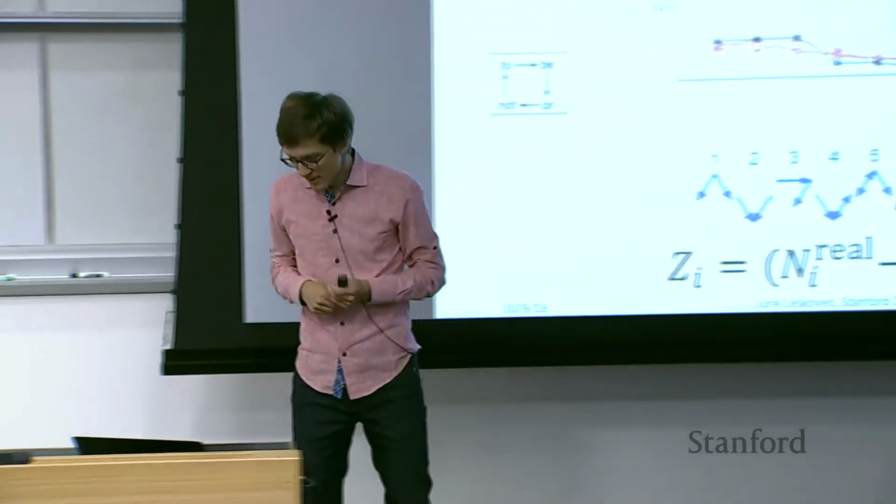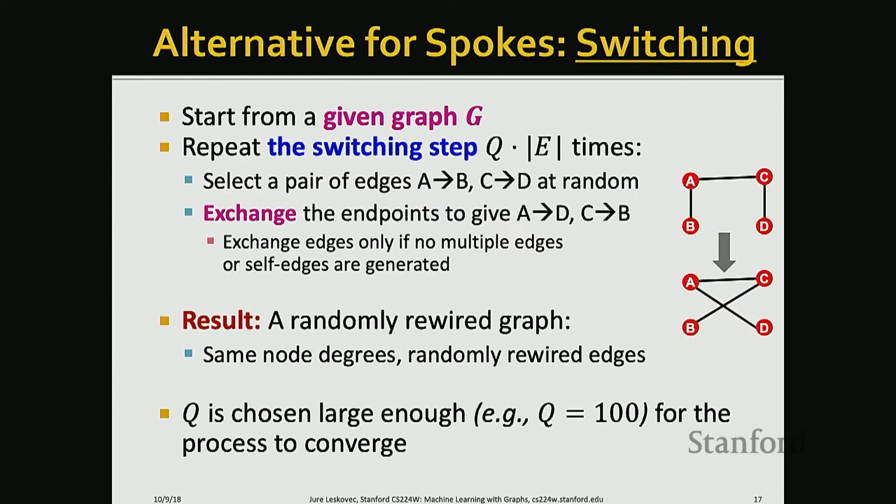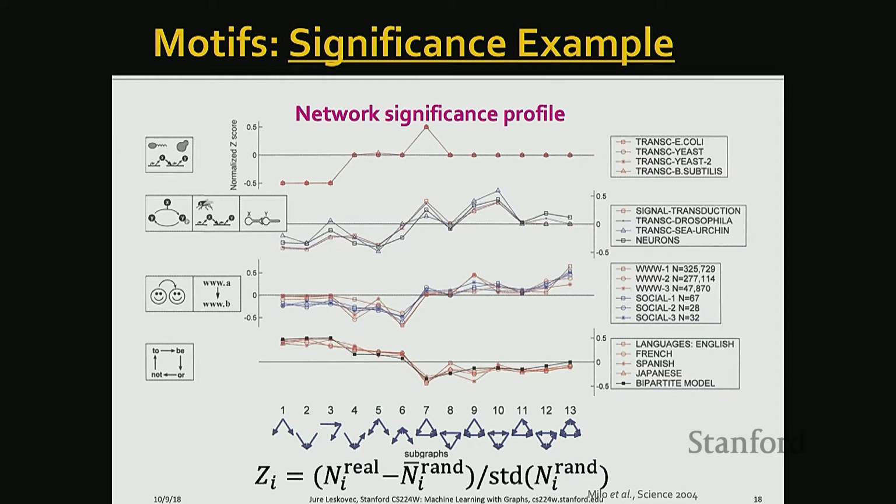So now I showed you how essentially we can do this, right? The way we generate this plot is we take the real graph, we count the motifs, and we generate random graphs, let's say using this edge switching method. For every random graph, we compute how many instances of that motif we have, we compute the average, we compute the standard deviation over these random graphs, and compute the z-score.